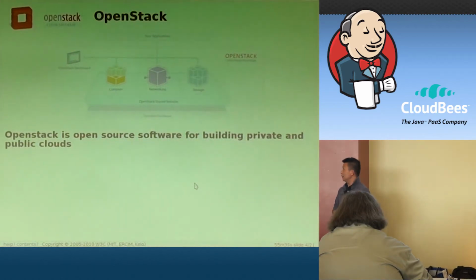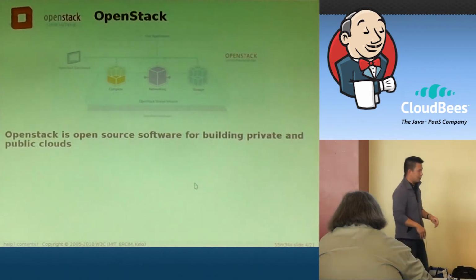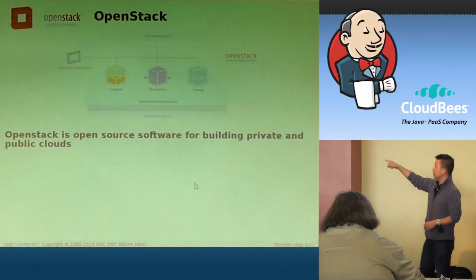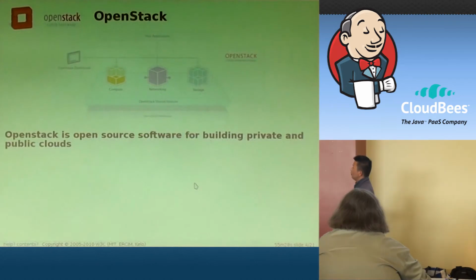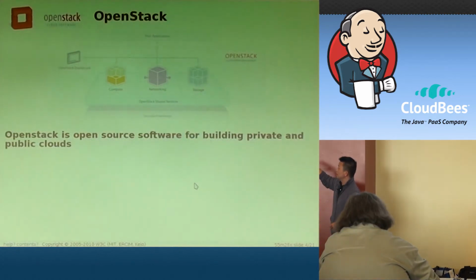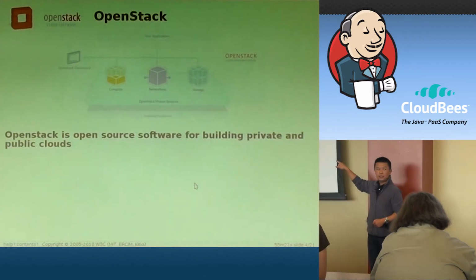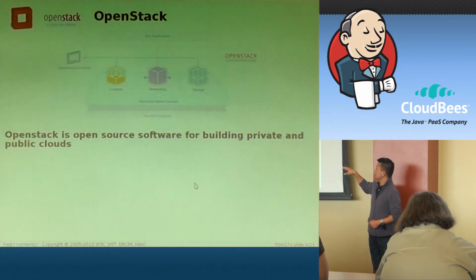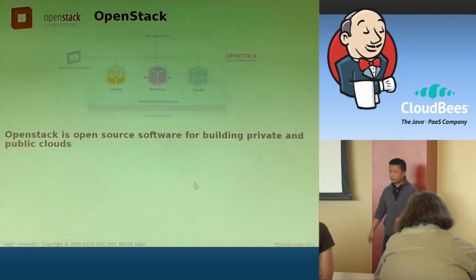You just obviously need a lot of memory and horsepower. This picture shows different parts of OpenStack, but that's not really true. There's not just these three parts. Those are the main things: compute, network, and storage.